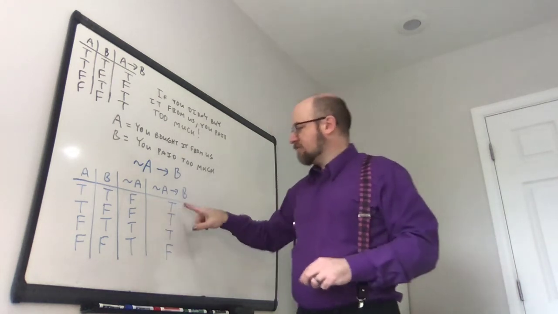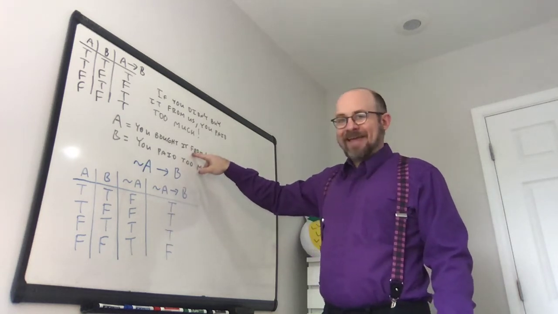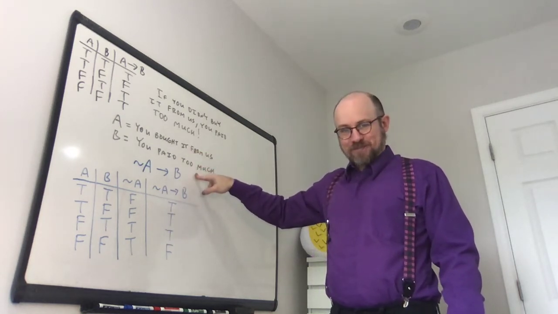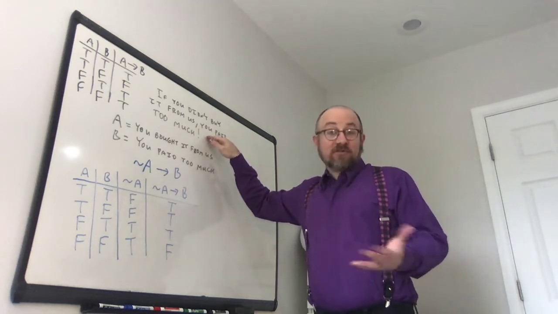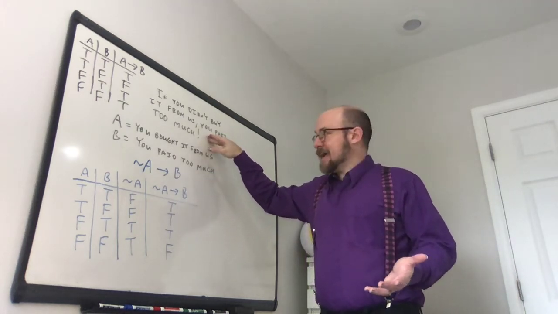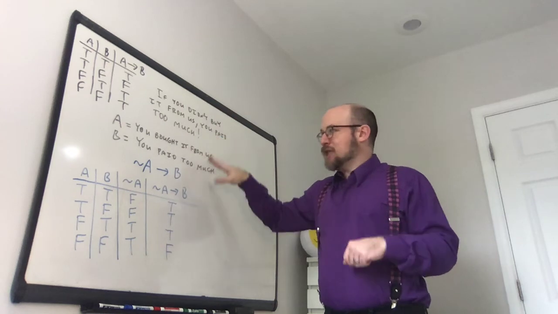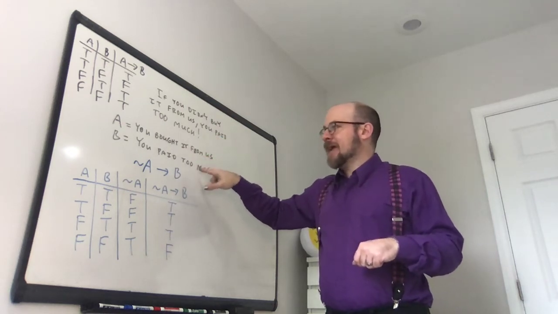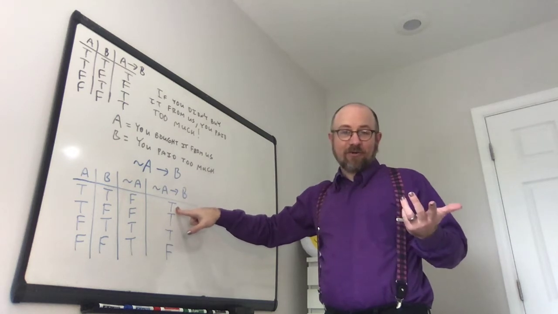In this first situation, this statement is true if you bought it from us and you paid too much. Now if you think about what the person yelling this on the TV is saying, they're saying if you come to us, you're not going to pay too much. But if you bought it from us and you paid too much, this statement is still true.